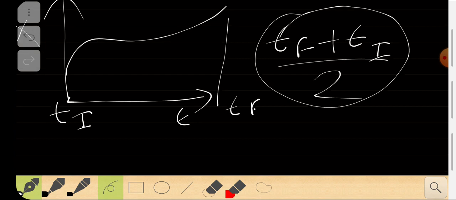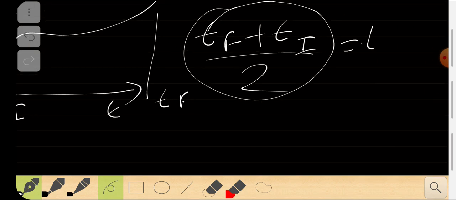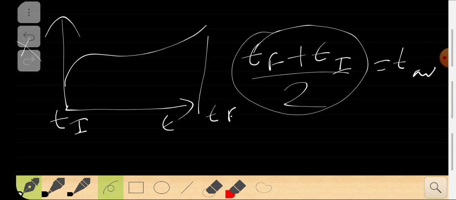So that's straightforward, which is equal to t average. That's the point, somewhere around here in the middle, where the average or mean value stands.